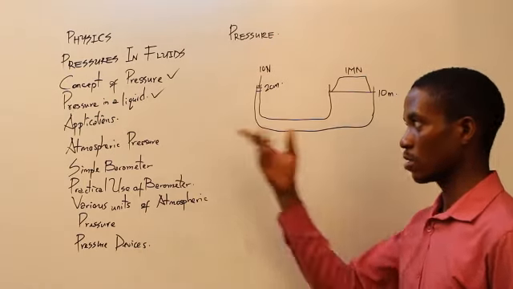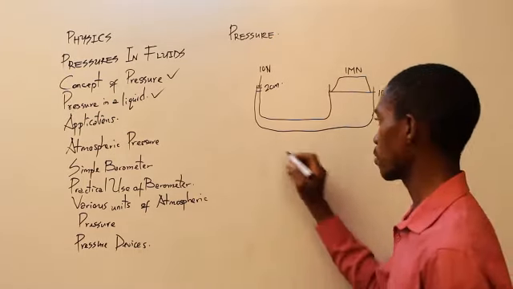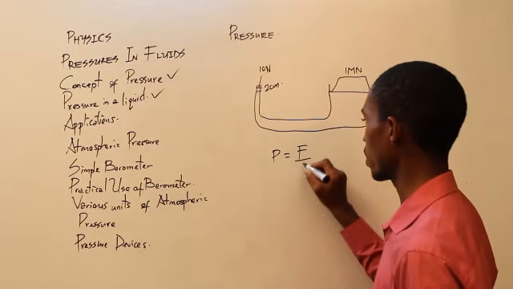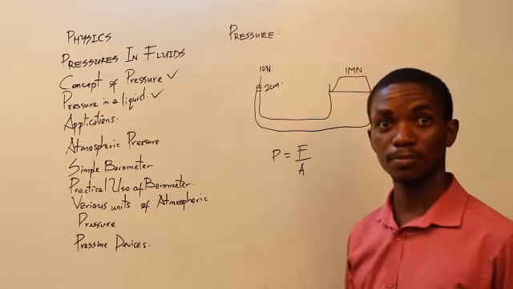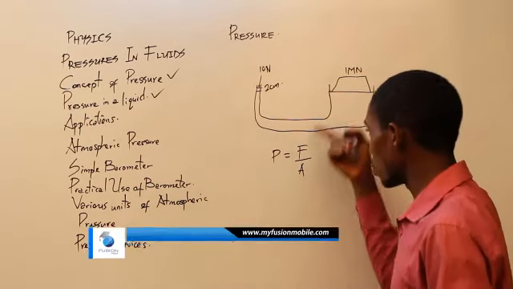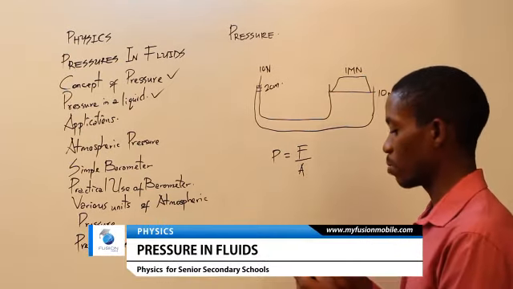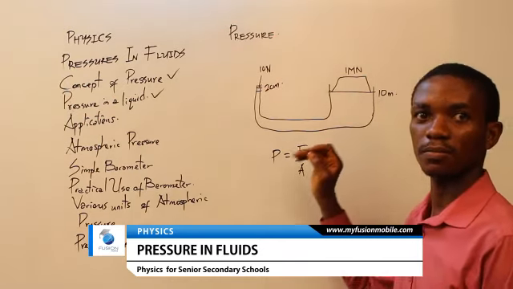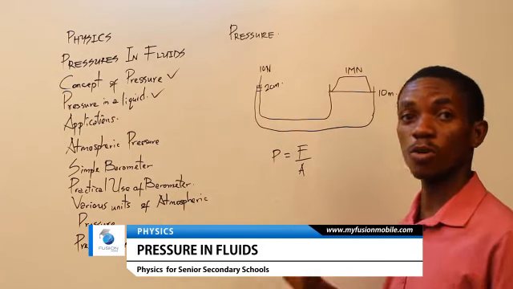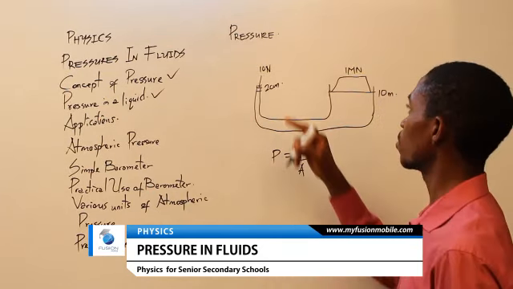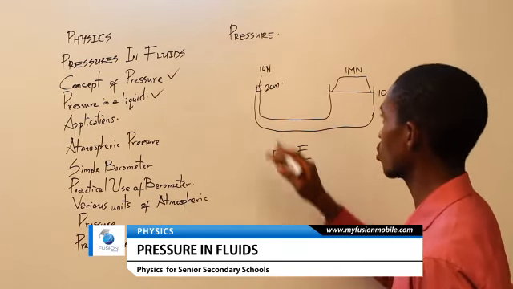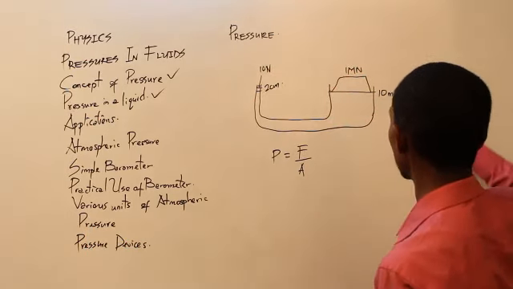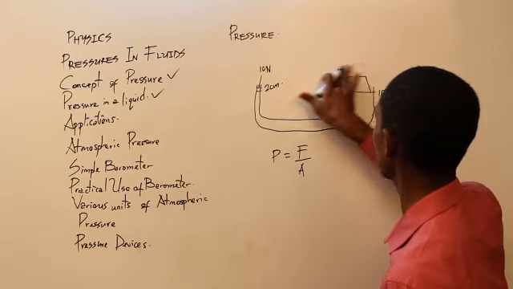Of course, the formula for pressure says pressure equals force divided by area, right? So, using this, I told you the pressure here equals the pressure here. Since the pressure is equal, that means I can exert a small force here. But what force would I experience here?